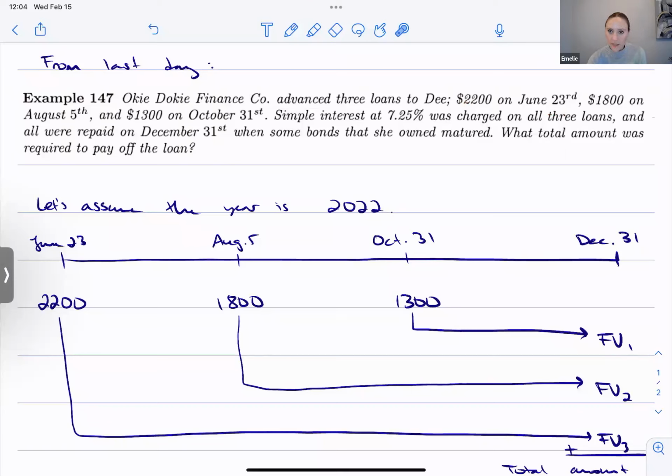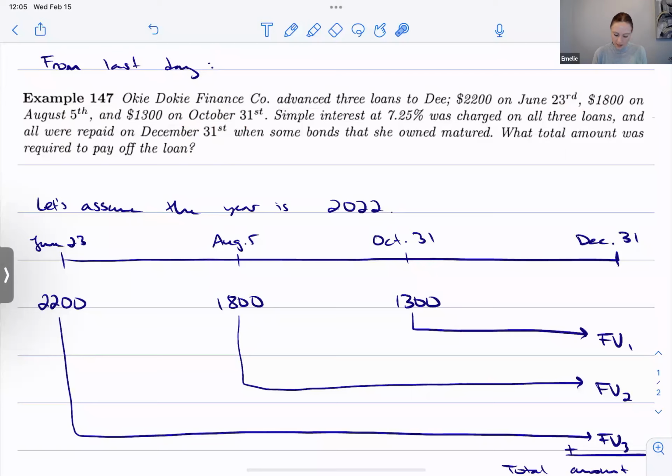And first, let me just mute everyone here. There. That's better. All right. So no year, so we just pick a year, whatever your favorite year is, that's great. And then 1,800 on August 5th and 1,300 on October 31st.